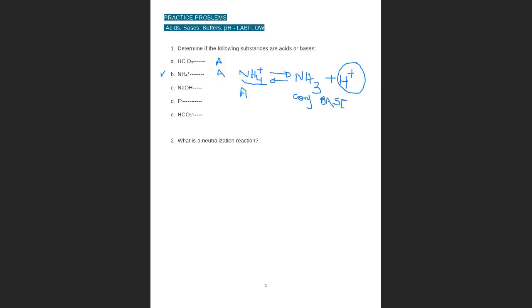This is confusing. That's why I took the time to do a little bit more than what you need for the experiment to make sense. I hope it helps. So this should be easy. We look at whether it can donate.